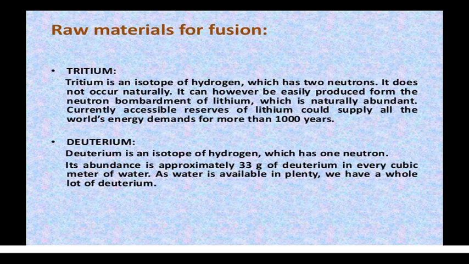Its symbol is H12. Now the next raw material is tritium, which is also an isotope of hydrogen represented by H13, so it contains 1 proton and 2 neutrons.